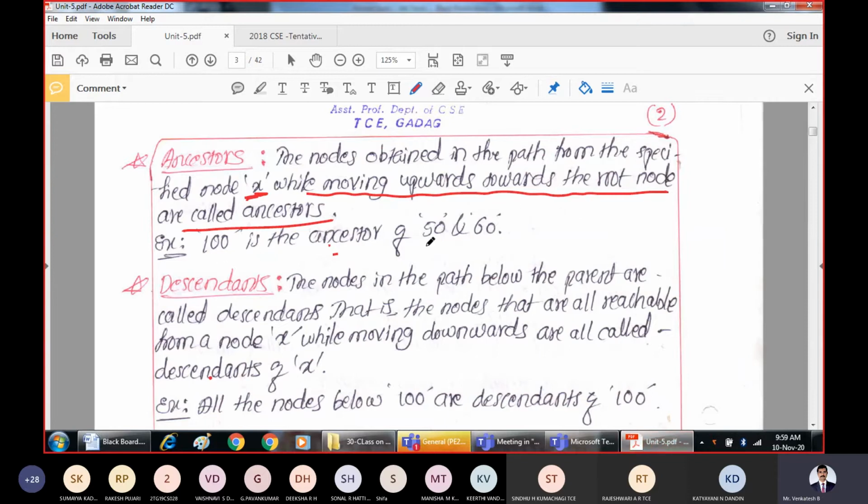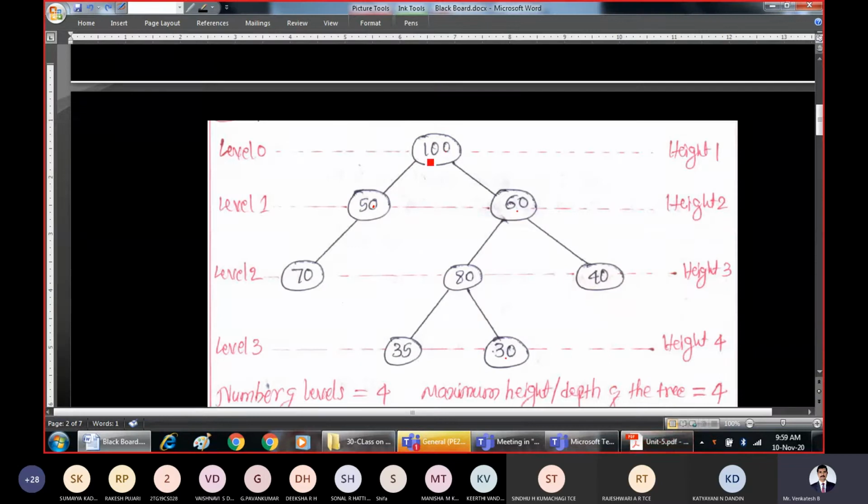For example, 100 is an ancestor for 50 and 60. For 70, 50 and 60 are the ancestors. For 35, the ancestors are 80, 60 and 100. These three are the ancestors.